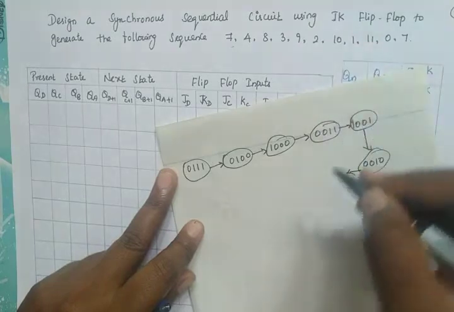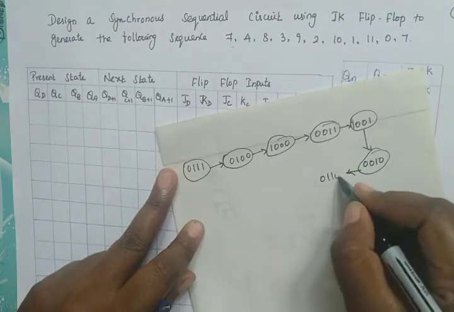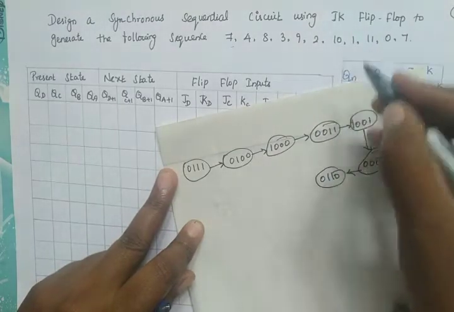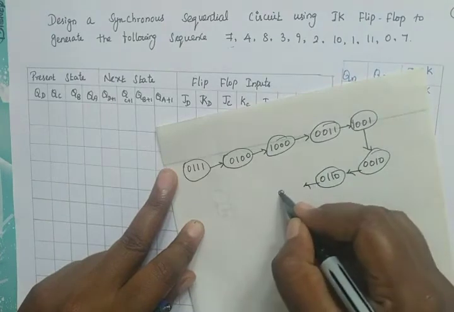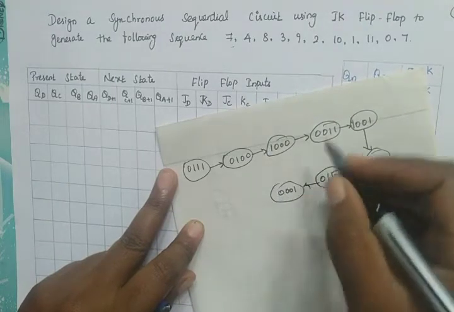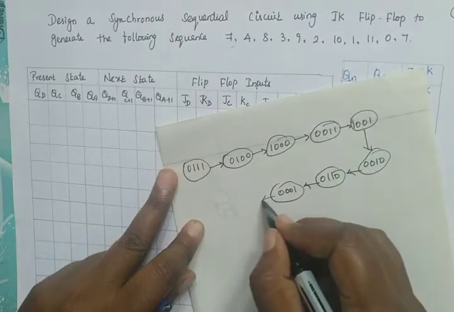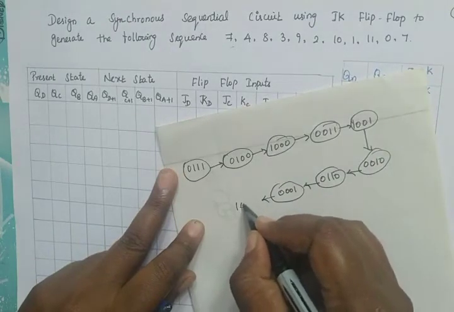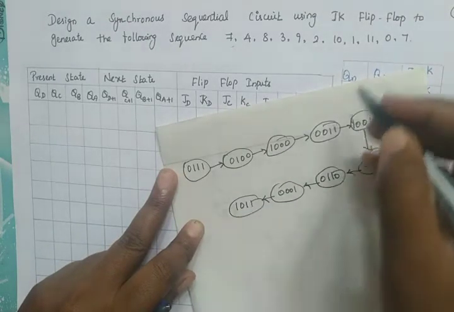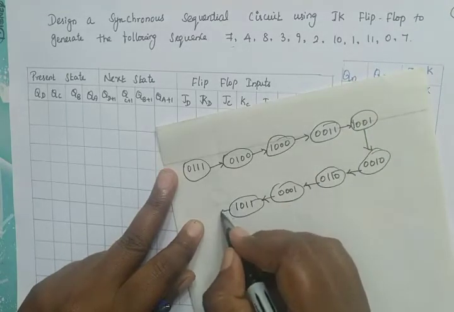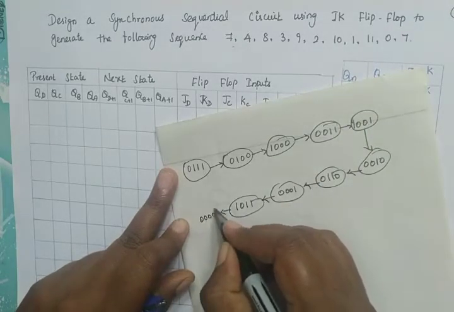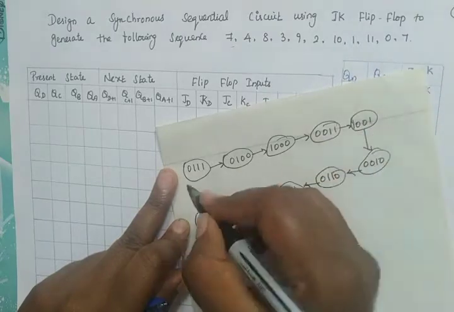The next state for 2 is 10. The next state for 10 is 1, which is 0, 0, 0, 1. The next state for 1 is 11. The next state for 11 is 0, which is 0, 0, 0, 0. Then the next state for 0 is 7.